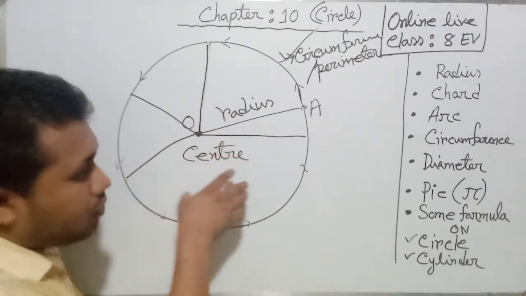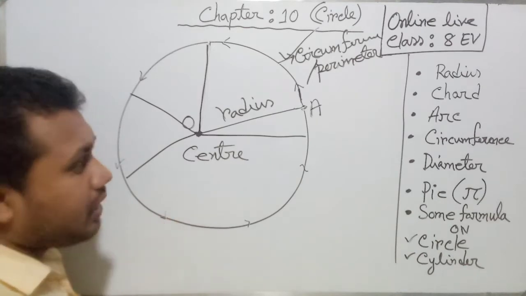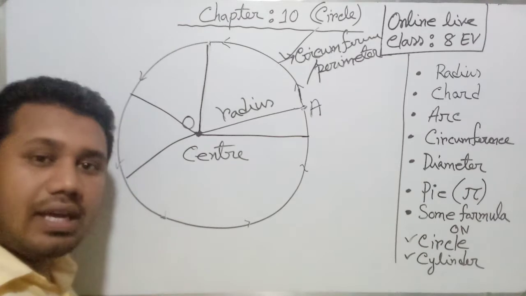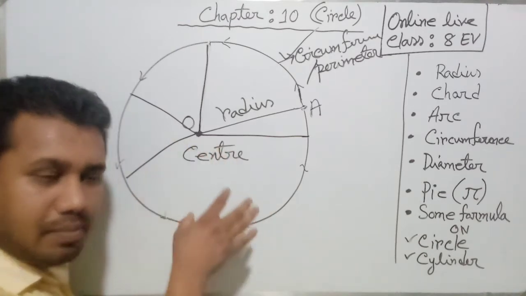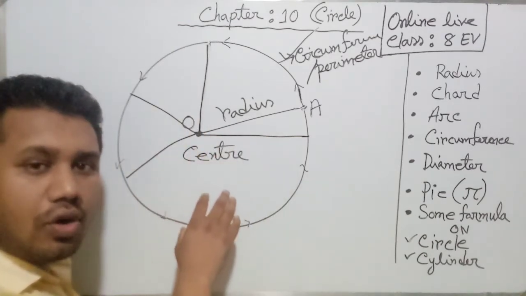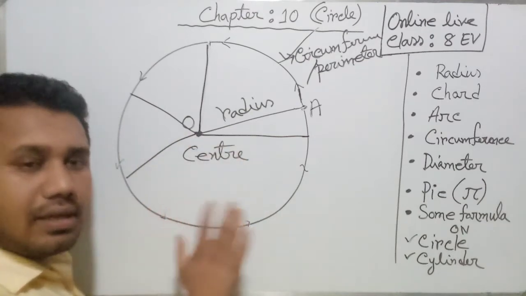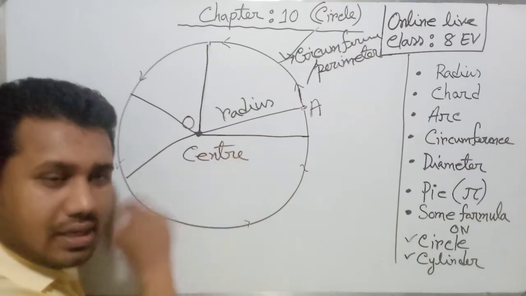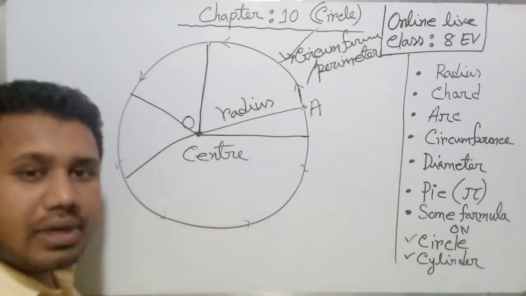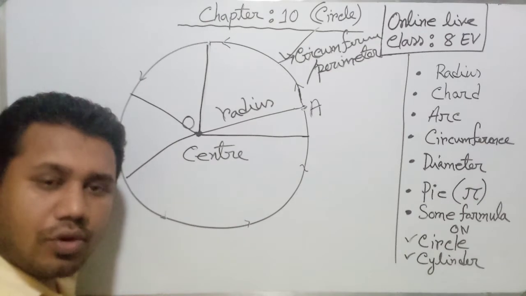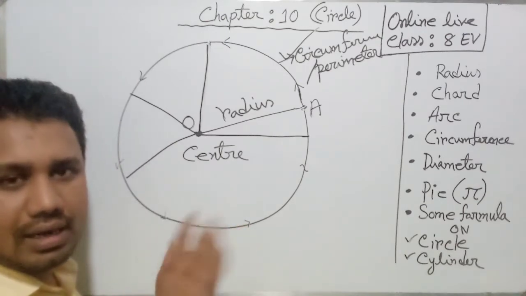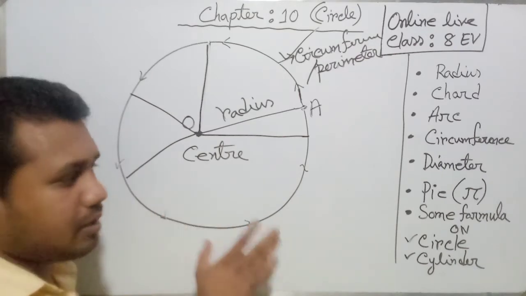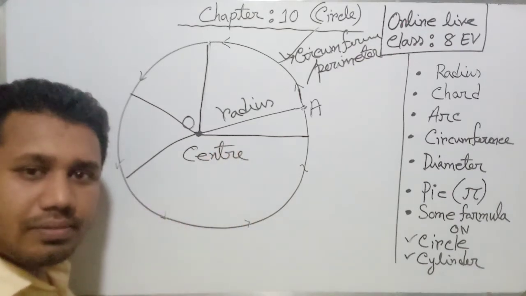Here I have drawn 5 radii, and every radius is the same. In a circle, if we draw some radii, all radii are equal because the circle is the same. And how many radii can we draw in a circle? The answer is unlimited, uncountable, or mathematically infinite.